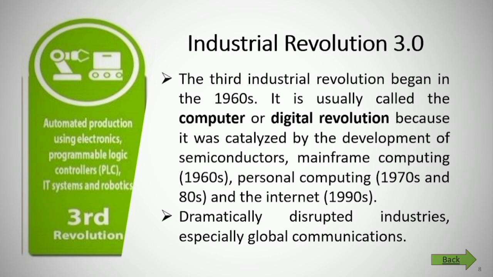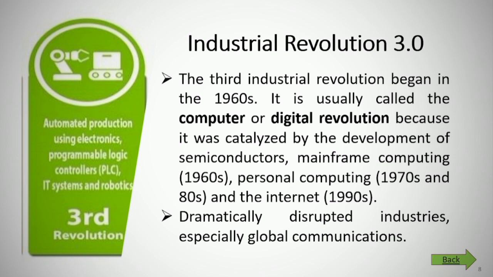And because of this, their progress became faster. And when we talk about communication, during this time, fewer people used letters to communicate with other people. Because during this Industrial Revolution, or IR 3.0, they are able to communicate online, through the internet, through digital devices.